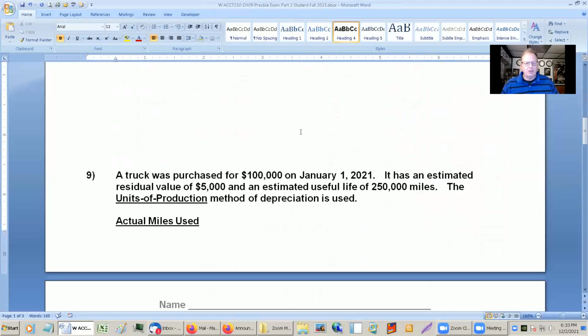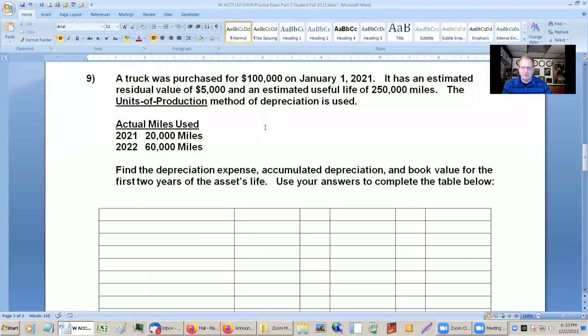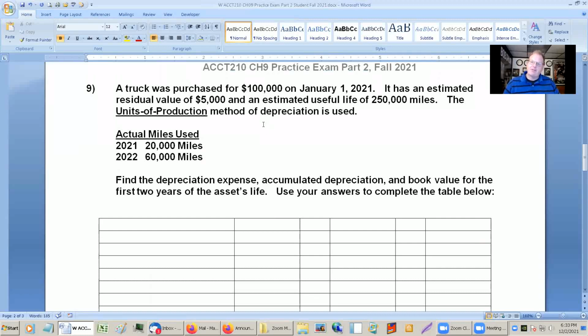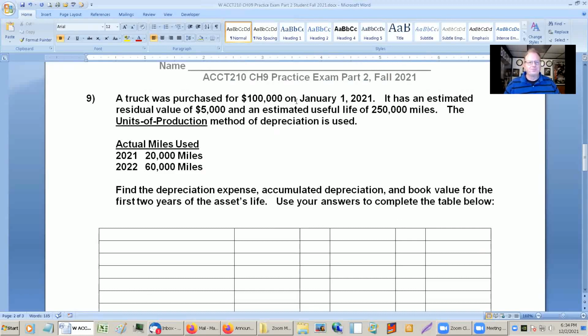Okay, this next one's a little bit more involved, and it's for those things that you don't use the same every year. The idea is exactly the same, you divide by its life. But instead of using the life in years, you're going to use it in some kind of units. So here you see that the useful life is not in years.